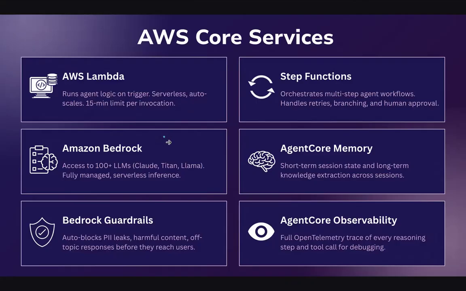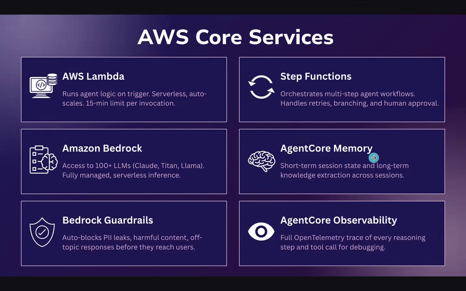Amazon Bedrock is the AI brain. It gives you access to over 100 foundation models, including Claude from Anthropic, Amazon, and Meta Llama, all through a single managed API, with no model infrastructure to run.